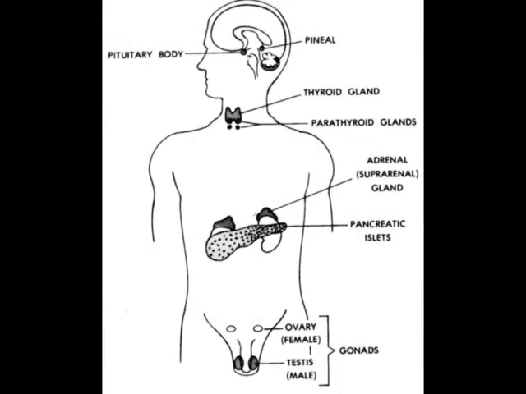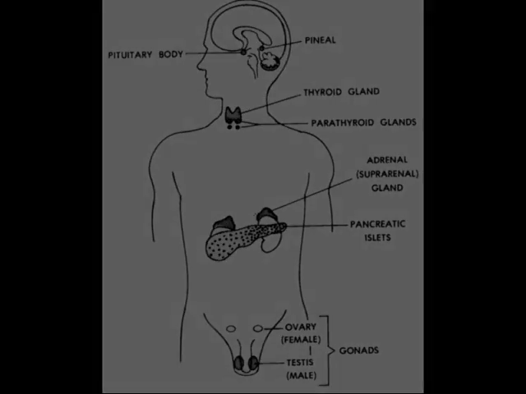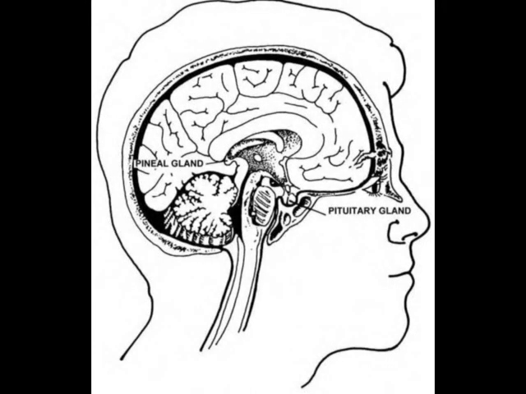The better-known endocrine organs are the pituitary gland, the thyroid gland, the parathyroid glands, the pancreatic islets or islets of Langerhans, the suprarenal or adrenal glands, and the gonads, in other words, in the female the ovaries and in the male the testes. In addition, there are several other endocrine organs less well understood and other organs suspected to be of the endocrine type.